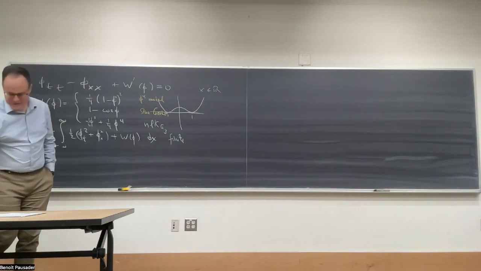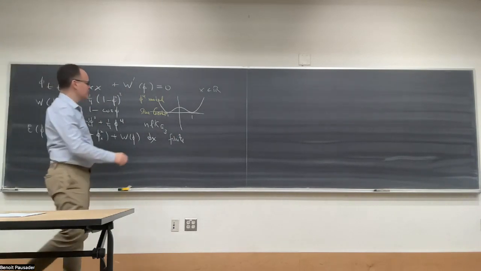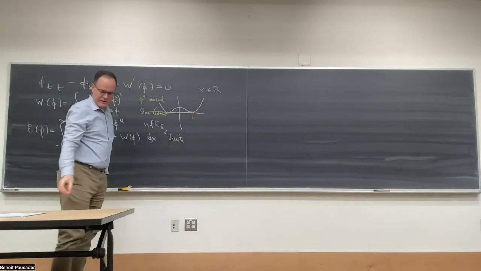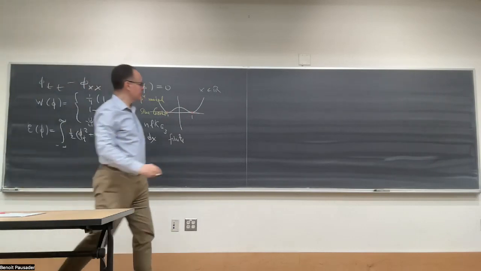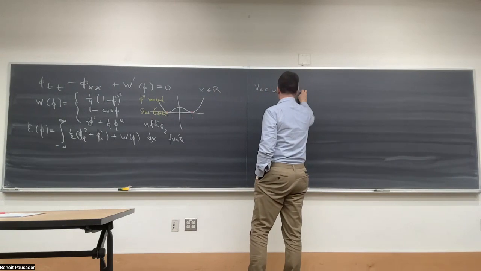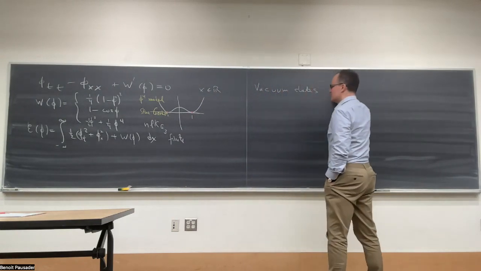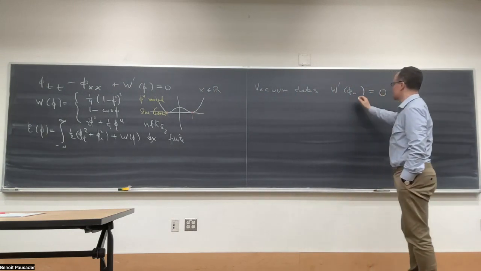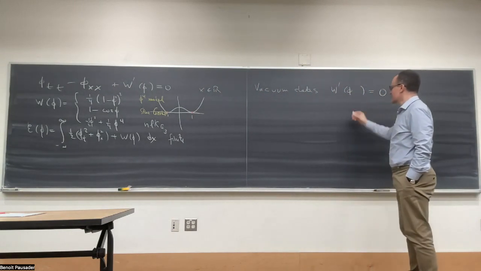Special solutions are the so-called kinks. They connect these vacuum states. So the vacuum states would be W'(phi_0) equals 0. It's not good notation. I don't know.